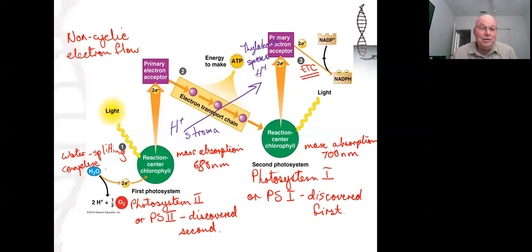It starts out as a process for making ATP using a single photosystem, but with the appearance of a second photosystem, we now have the potential to capture more light energy and turn it into something that is even more potent as a way of capturing light energy and storing it as chemical energy.